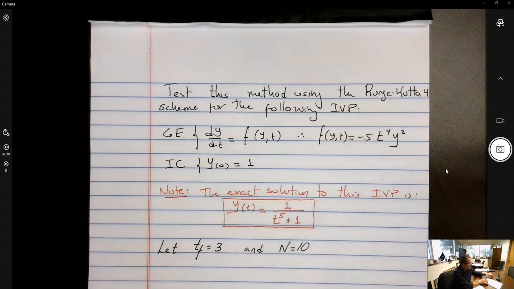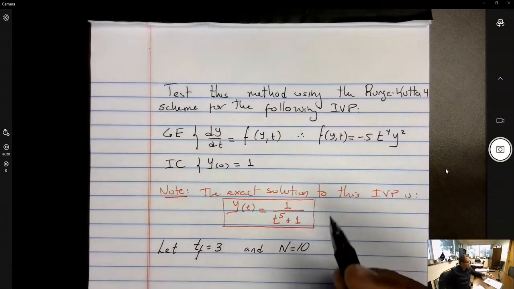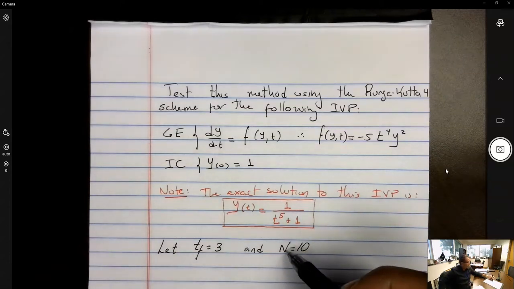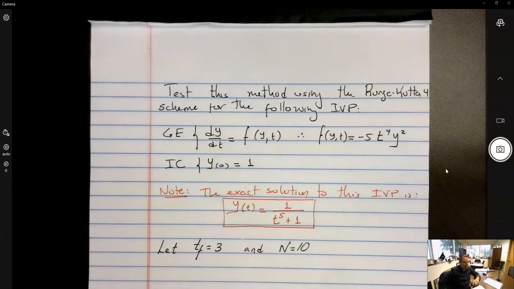This is an unfortunate choice of variable names that I didn't notice, but n we've been using as a number of time steps. So we're only going to break up the time domain into 10 time steps, so 11 time levels. Each time step is of size 0.3 seconds or years or whatever these time units are.